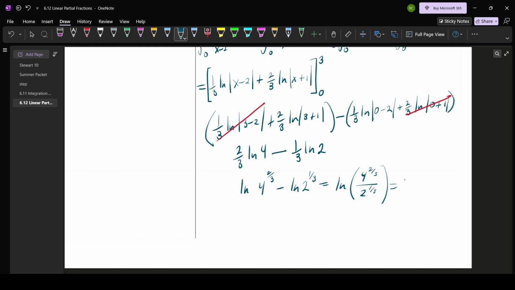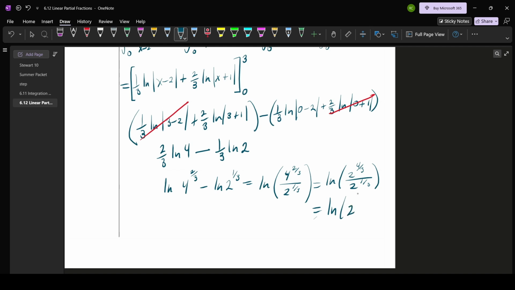Now 4 is just 2 squared, so this is really natural log of 2 squared to the 2/3, so we can write this as 2 to the 4/3 over 2 to the 1/3. And then we just subtract our exponents in the numerator. 4/3 minus 1/3 is 3/3. So this is the natural log of 2.